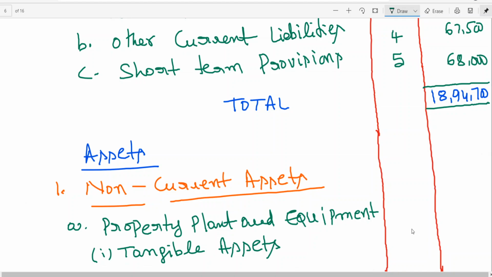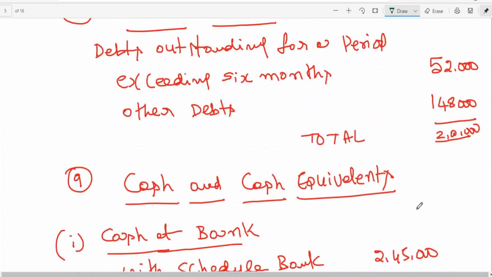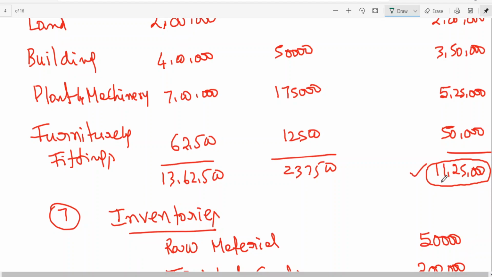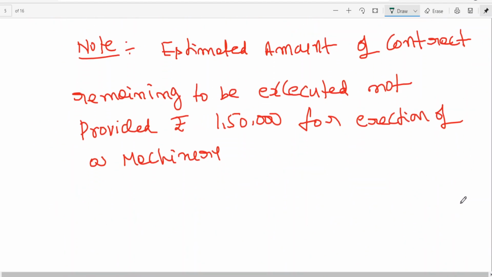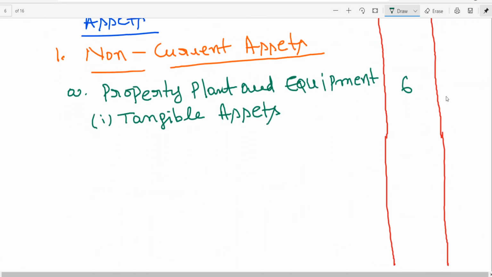Working notes now. Working notes number 6 we have done. Working notes number 6, if you see, tangible assets is coming to 11 lakhs 25,000. 11 lakhs 25,000.